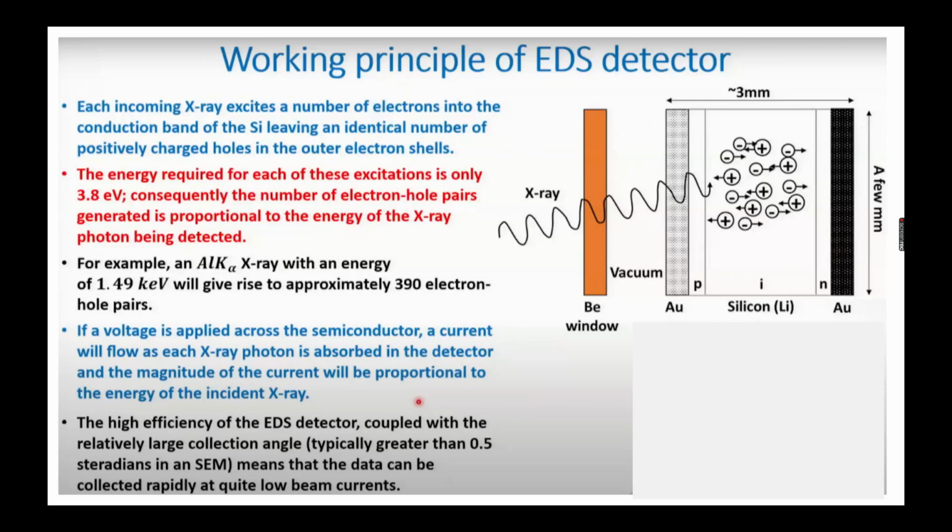So if you see also in the lectures, by using this you can generate electron-hole pairs which is around 392, or 393, or 390 electron-hole pairs.